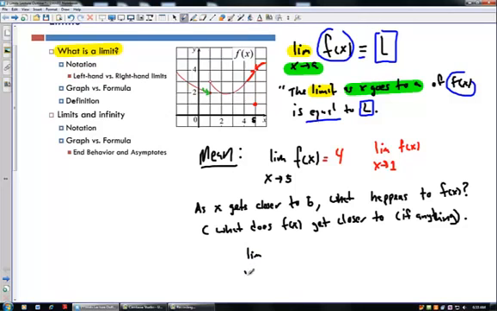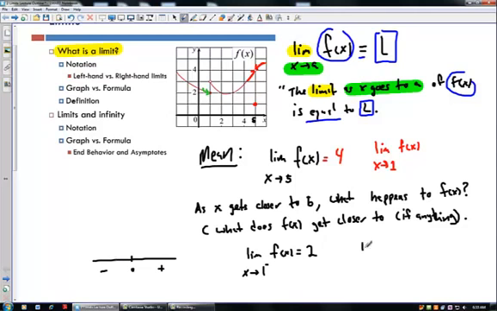So the limit as x goes to 1 from the left of the function f of x is equal to height 2. And I always remember this negative sign means from the left, because it's kind of like from the negative side of the number. So if you think of a number line, here's 0, the negative numbers are over here, the positive. So when you're coming in from the left, you're coming in from sort of like the negative side of numbers.